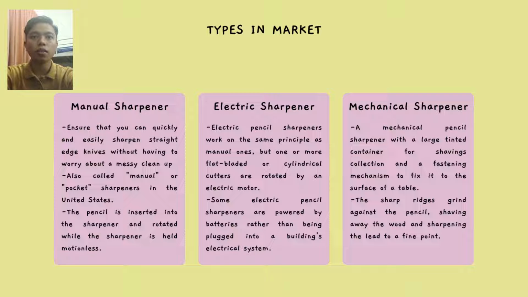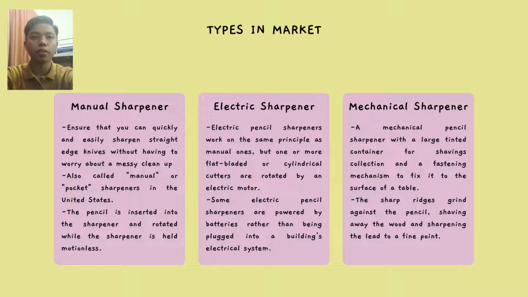The second one is the electric sharpener. Electric sharpeners work on the same principle as manual ones, but one or more flat-bladed or cylindrical cutters are rotated by an electric motor. Some electric pencil sharpeners are powered by batteries rather than being plugged into a building's electrical system.